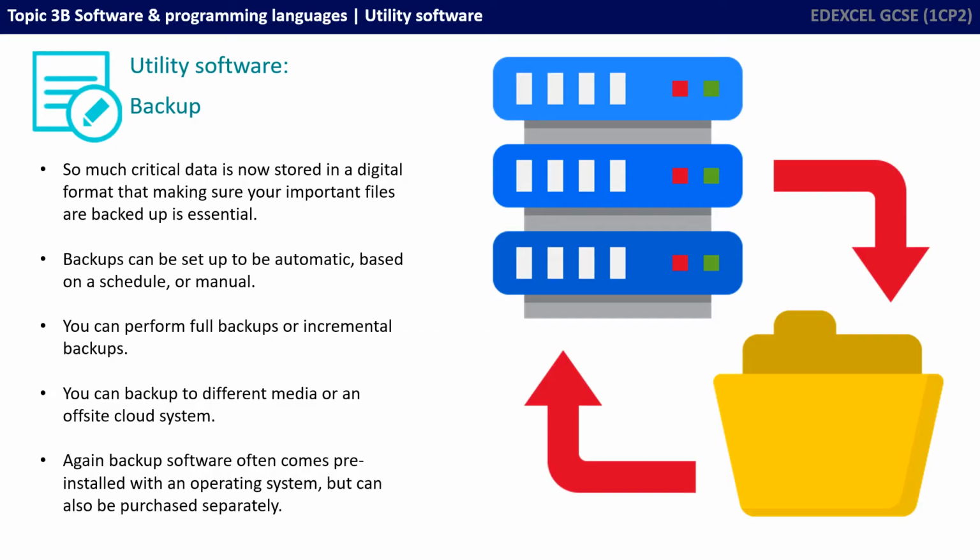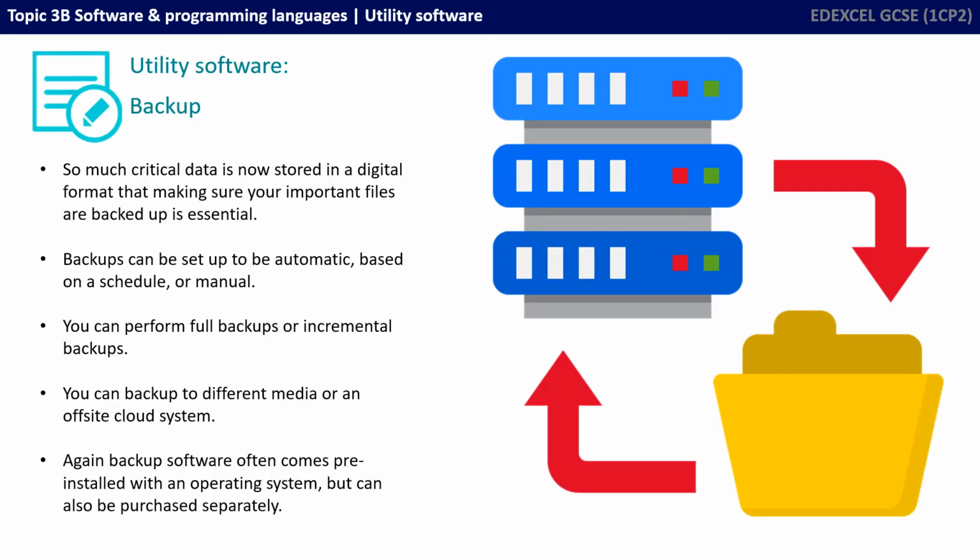You can perform a full backup, which literally takes everything from a certain drive or selection of folders and takes a copy of them all in their current state and puts them into a different media in a different location. Or we could do incremental backups that scan to look at what has changed since your last backup and only copy and back up the items that have changed.